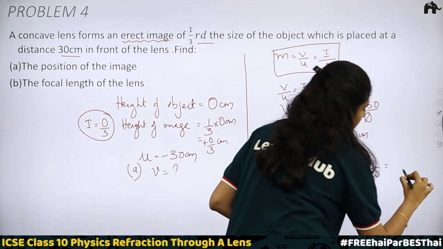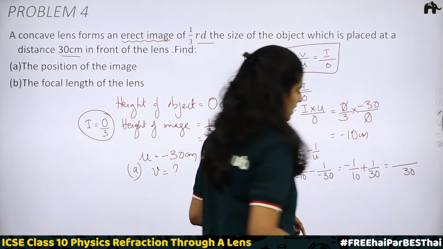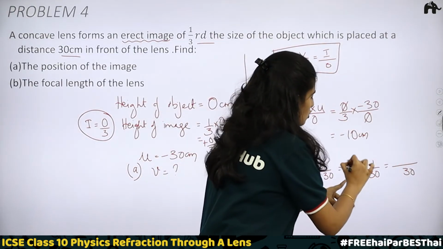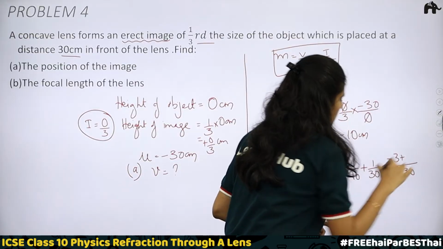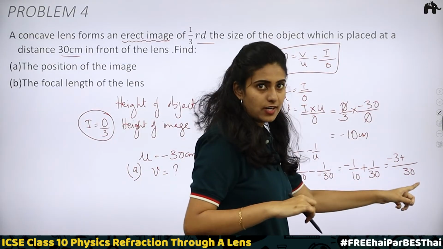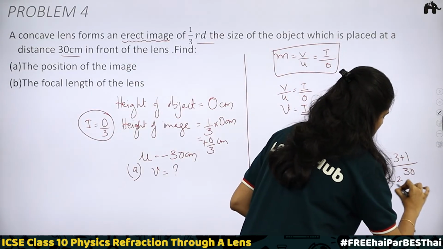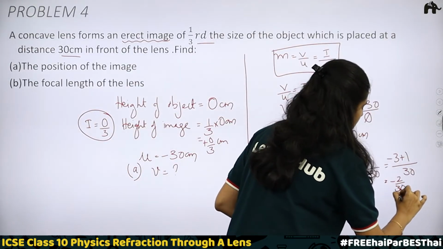Taking LCM, denominator we get 30. 10 into 3 is 30, 3 into minus 1, minus 3, plus 30 into 1 is 30, 1 into 1, 1, which is equal to minus 2 by 30.